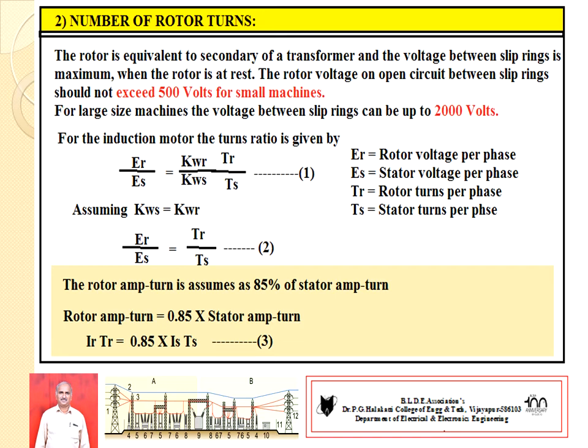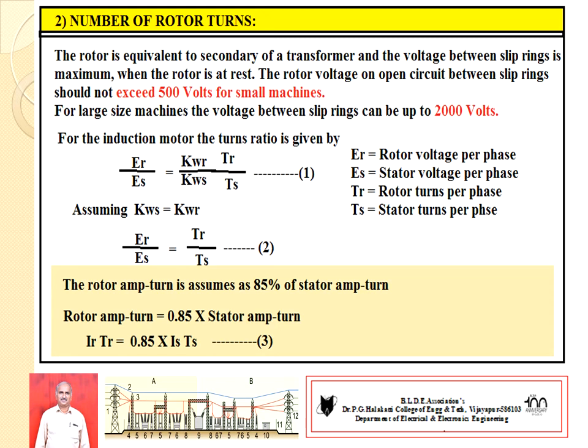In the same fashion, rotor EMF ER to stator EMF ES equals the ratio of rotor turns divided by stator turns: ER by ES equals TR by TS. Into winding factors, rotor winding factor KWR, stator winding factor KWS. Assuming these two are the same, we get the expression similar to that of a transformer. So ER by ES equals TR by TS.